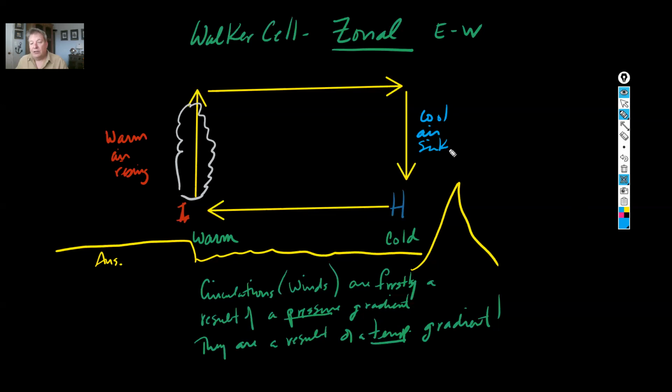And when we get into the next lecture, we're going to be talking about thermally direct circulations. But I want you to know that this is what we're going to call a thermally direct circulation. The warm air, or the warm branch of this circulation, is where the air is rising and the cold air sinking. So this circulation, the basic speed of it is a result of the difference in the temperatures from there to there. The bigger the difference in temperature, the stronger the circulation.